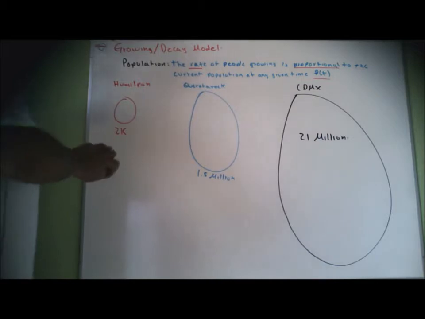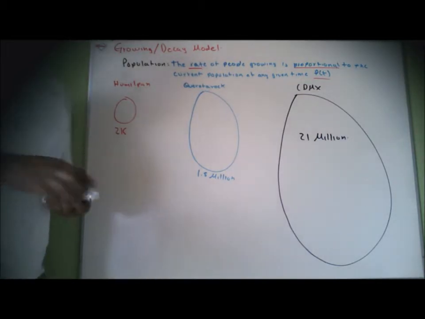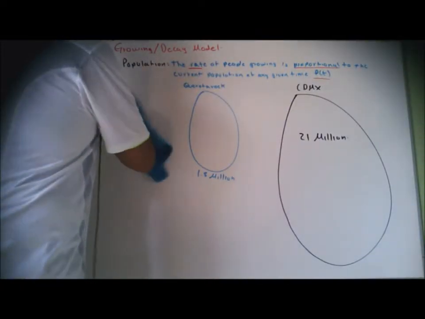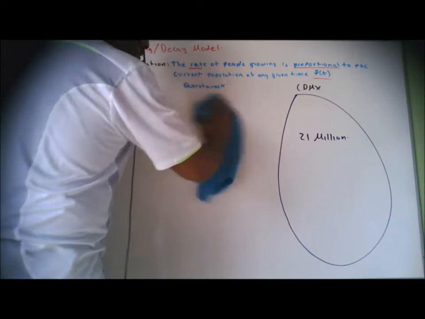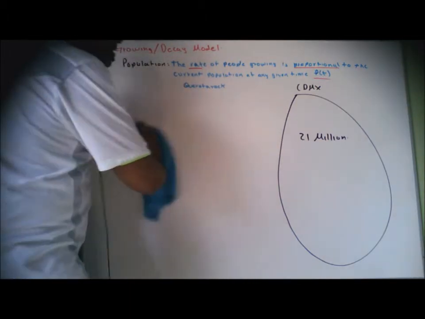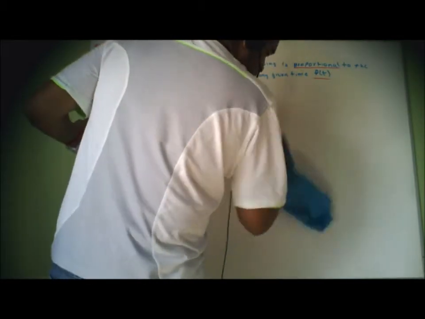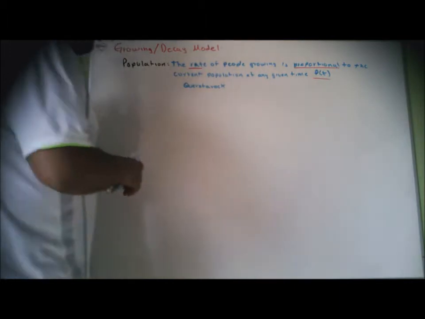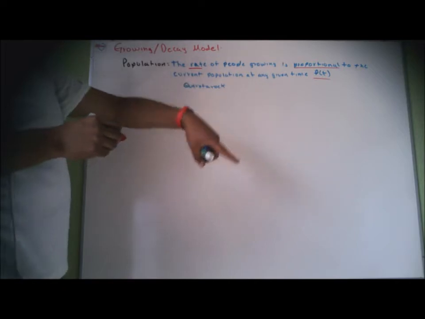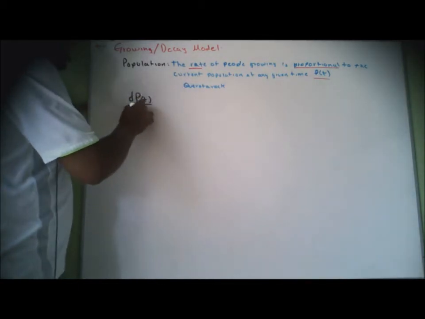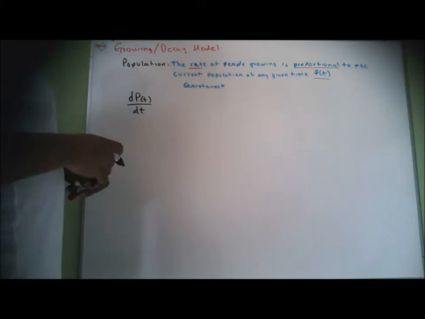So I'm going to erase this part of the example, because I'm going to write the model in differential equation form. Since P of t is the population at any time t, the rate of the population growing is the derivative of the population with respect to time.